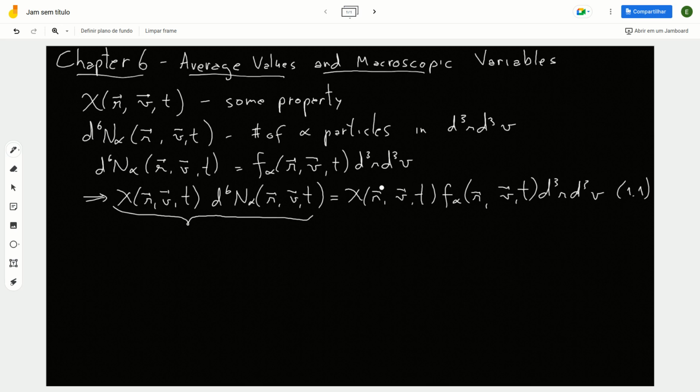So if I want to know the total value of chi, independent of v, I'll have to integrate this in the v space. So I want to know only as a function of space and not as a function of velocity. So integrating that, I end up with this.